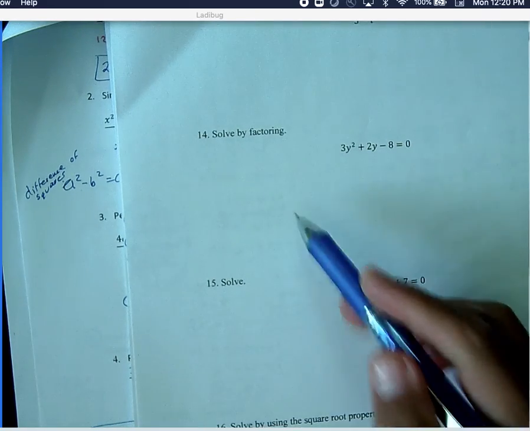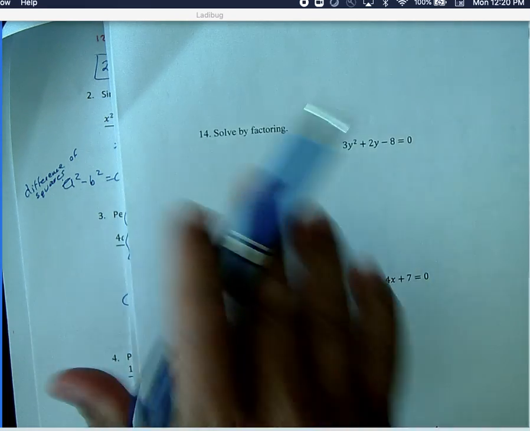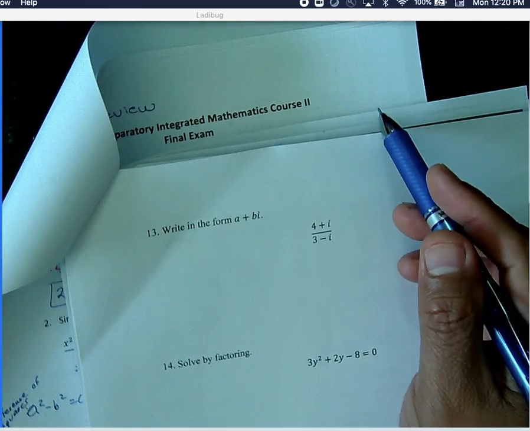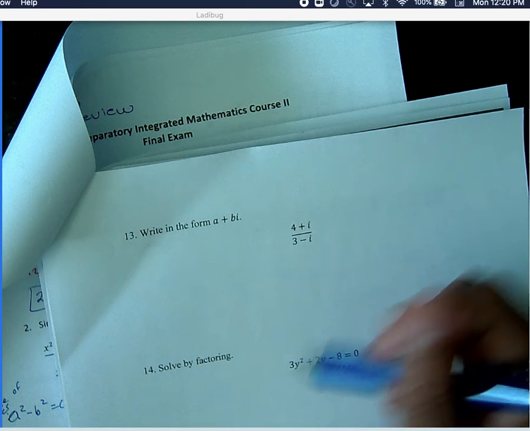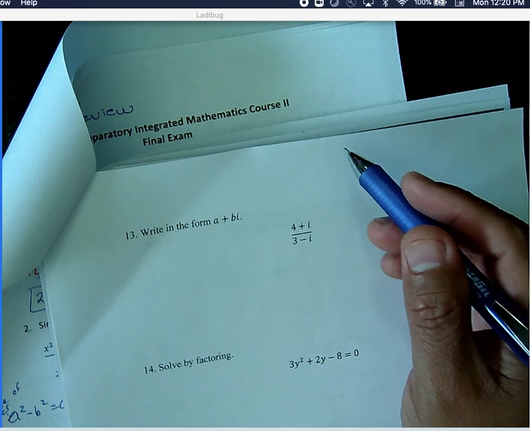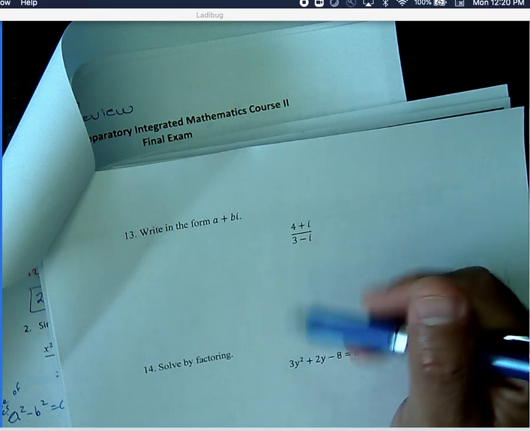And then 14, 15, 16, you guys should know how to do those. We've seen them before, but I'm going to do 13. We've seen it recently in the following questions here. And I do have the answers in case you need to see these ones.